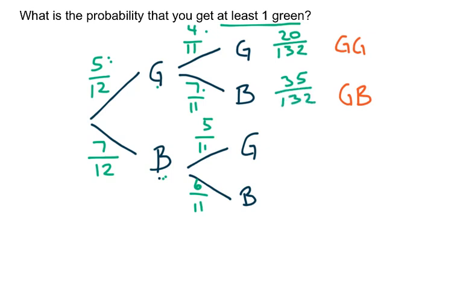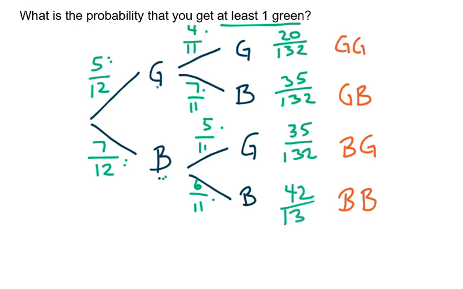If I want to find the probability of blue followed by green, I multiply along that path. 7/12 times 5/11, 35 out of 132. And finally, if I want to find the probability of blue followed by blue, I multiply along that path. 7/12 times 6/11, 42 out of 132.